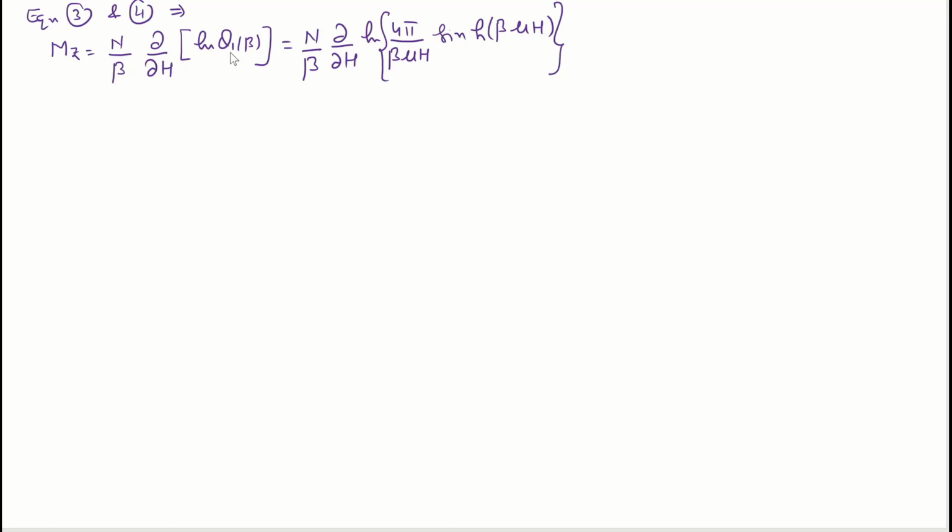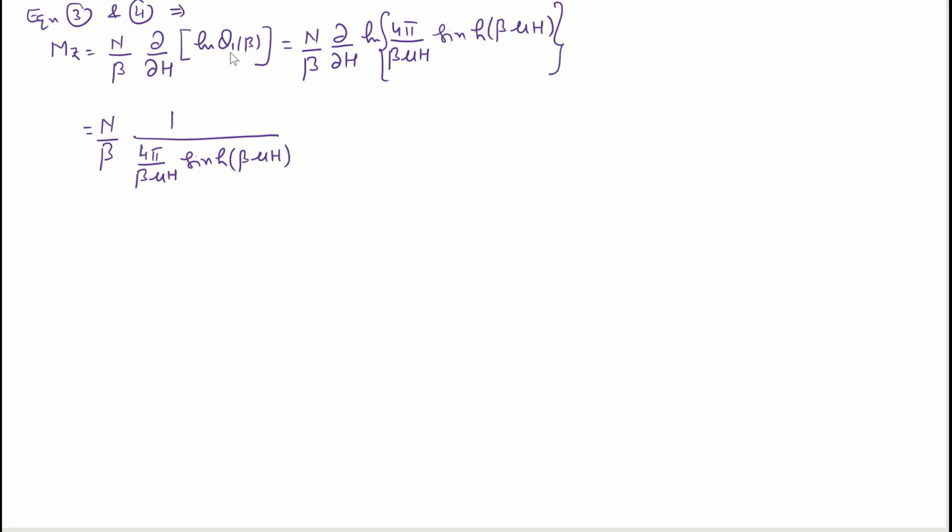Okay, now we have to differentiate it basically. So this is equal to n by beta outside, and then curly h of this quantity. So 1 divided by this entire expression. So 1 divided by 4 pi upon beta mu h into sine hyperbolic beta mu h.